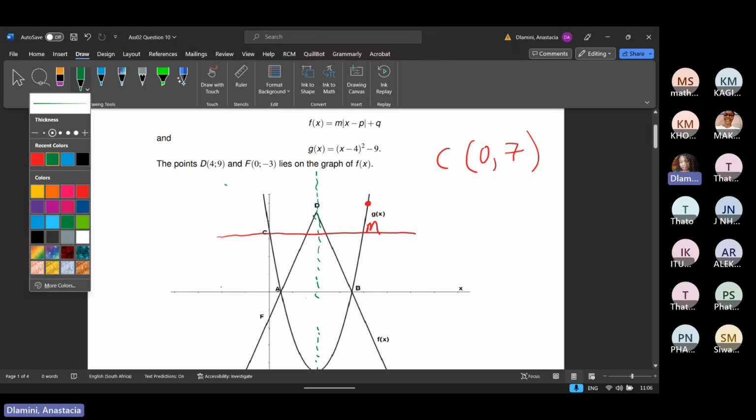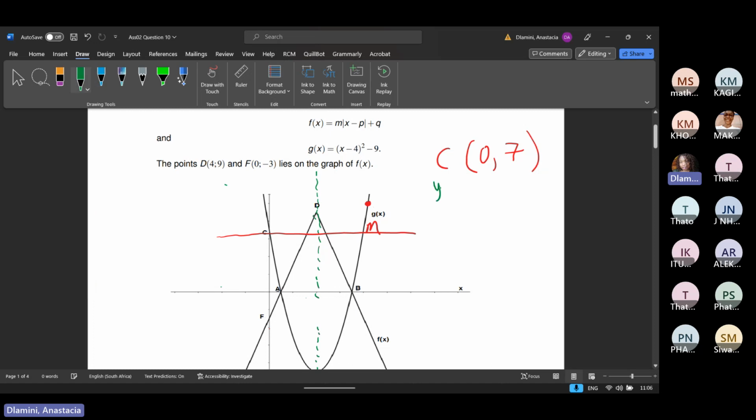C is the y-intercept of the graph y = (x - 4)² - 9, meaning we let x equal 0. So y = (0 - 4)² - 9. So y = (-4)², which is 16 - 9. This is y = 7. That's how we got the 7.